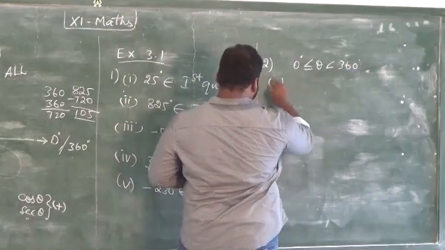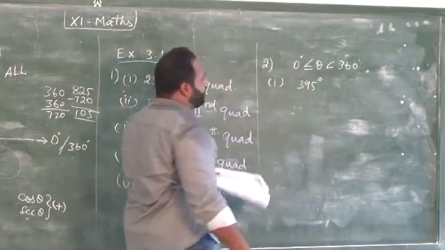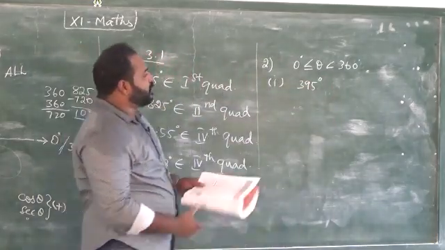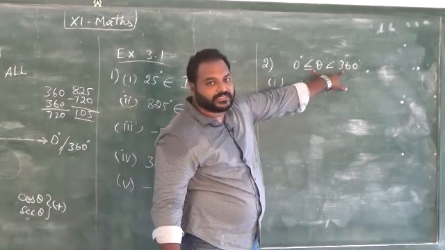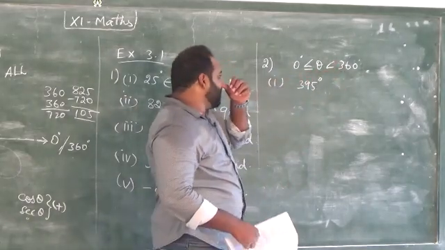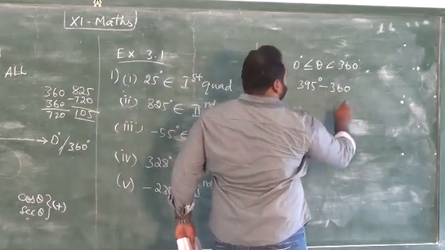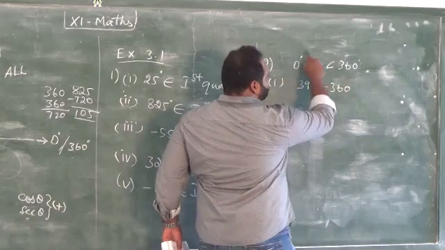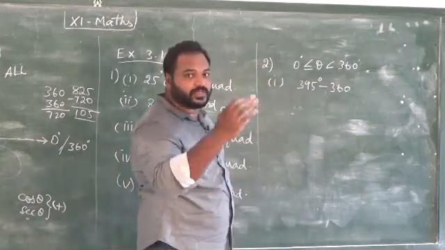So the first subdivision is given as 395 degree. The coterminal angle is supposed to be between 0 and 360, not more than 360, so we have to subtract 360.